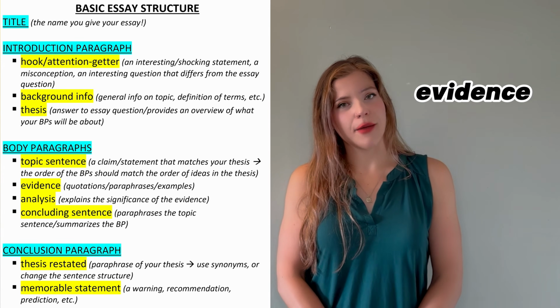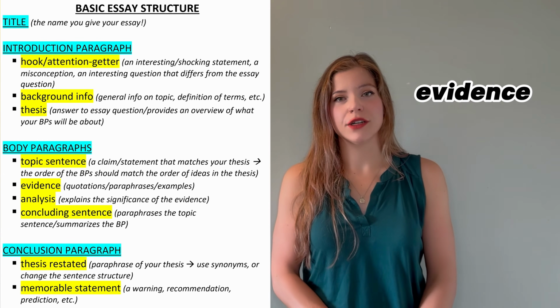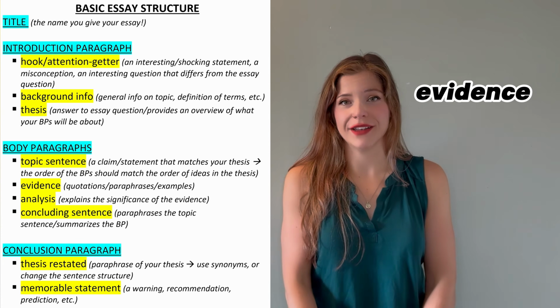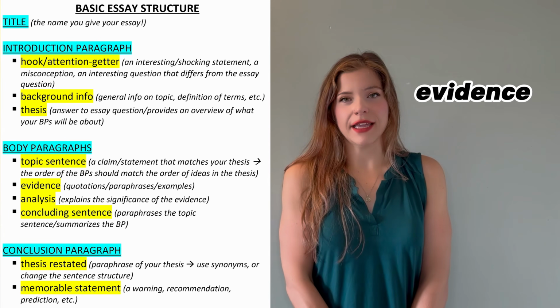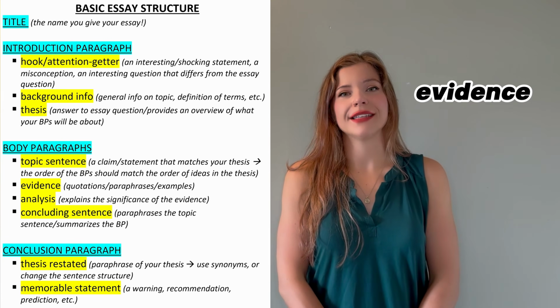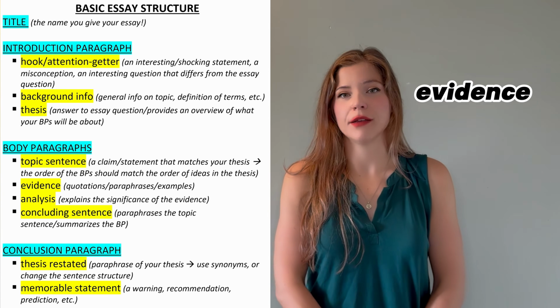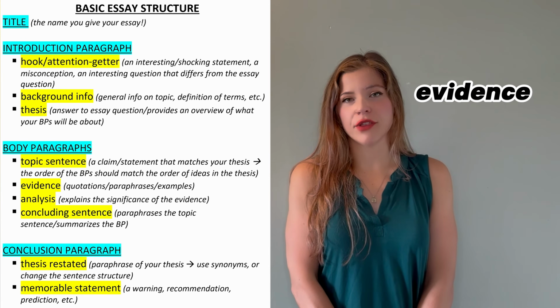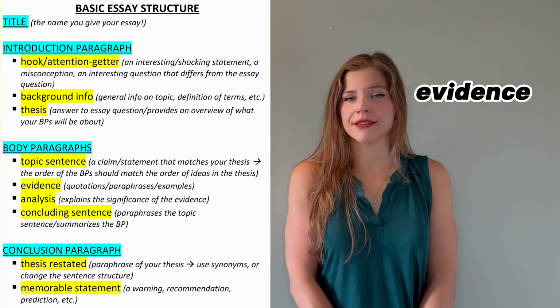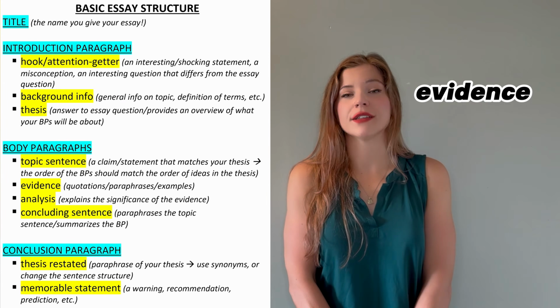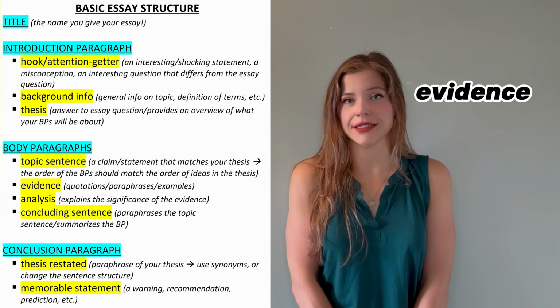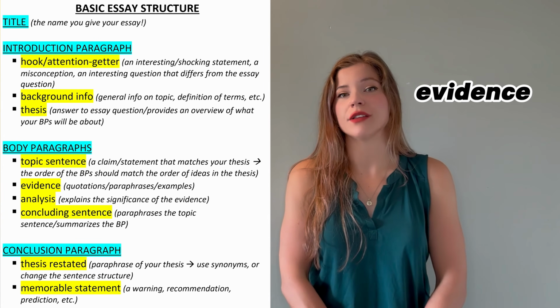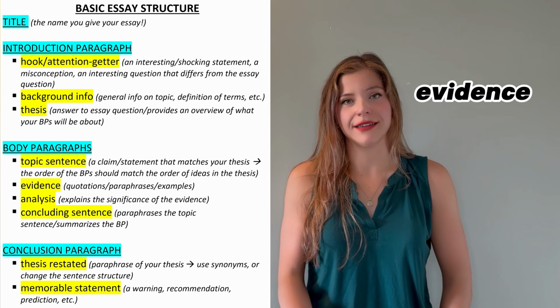Now, after a topic sentence, you are going to include something called evidence. Evidence is proof that helps you to develop your claim or your topic sentence. Evidence can come in the form of quotations, paraphrases, or summaries of different readings or different texts that you consult in order to write your essay.